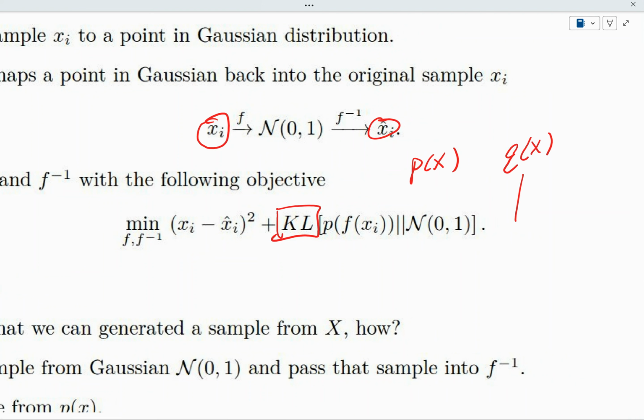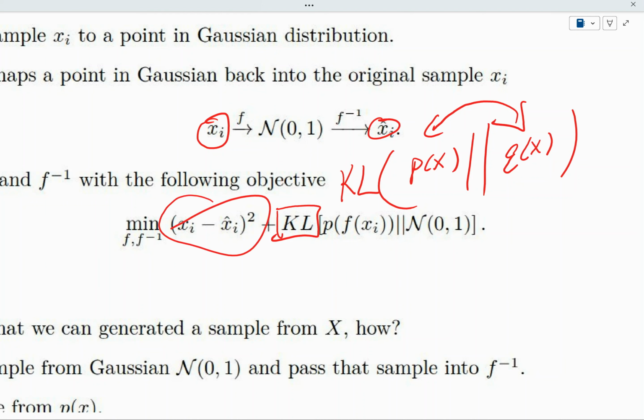You're trying to create a Q that's as close to P as possible. And the way you can measure error is through KL divergence. So KL divergence essentially measures the difference between two probability distributions.